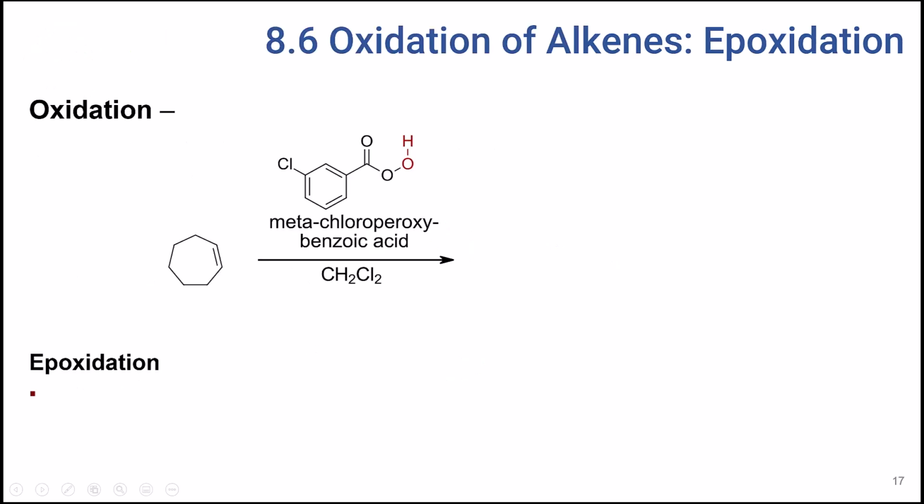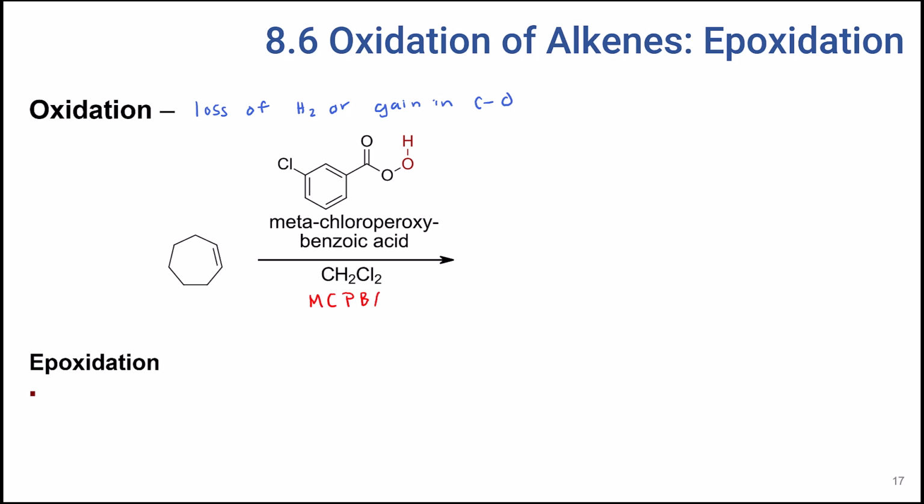We can do oxidations of alkenes now that we've done reductions. The oxidation, remember, is loss of H2 or gain in CO bonds. One of these reactions involves an alkene and something called metachloroperoxybenzoic acid, which we can abbreviate MCPBA.